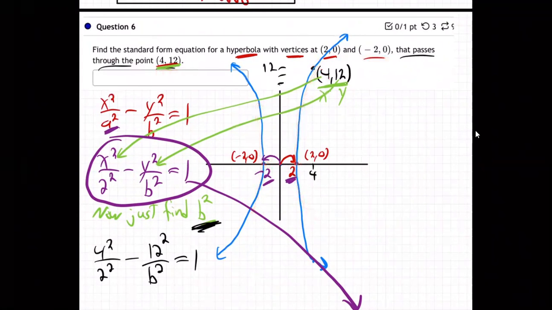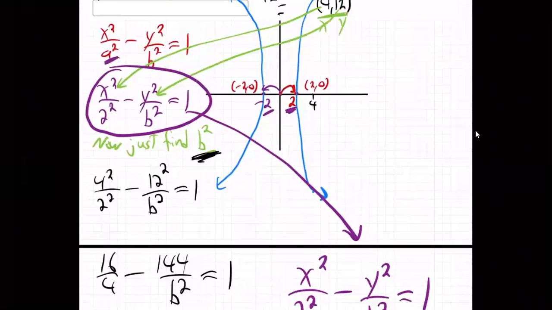So then we knew when we wrote the equation, x squared had to go in the front because the branches go right, left. And whatever goes underneath x is how far to the right and to the left, which is 2. So 2 squared goes underneath x. And then we just had to find what goes underneath y, b squared.